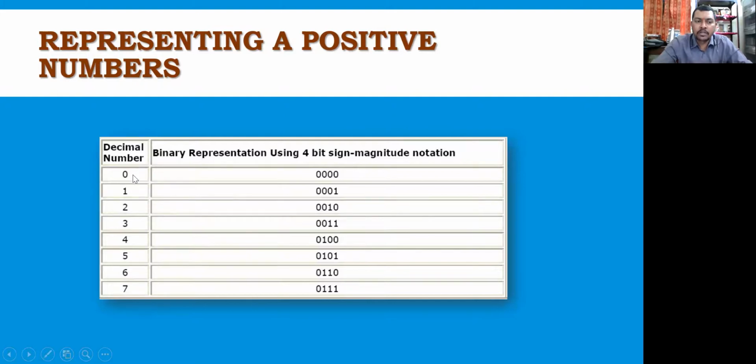So I have written here the decimal numbers from 0 to 7. And this MSB, the most significant bit, is considered the sign. So whenever we say that this is a signed number, the first bit will represent whether it is a positive number or a negative number.